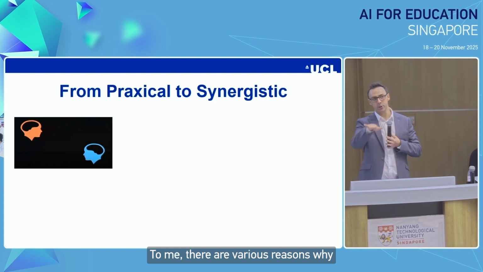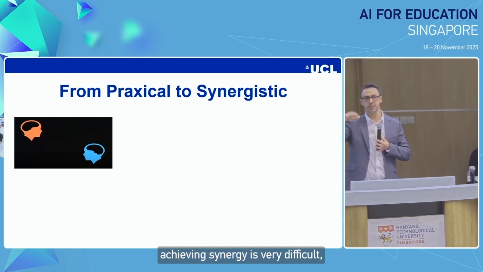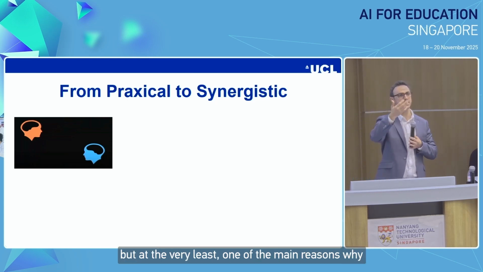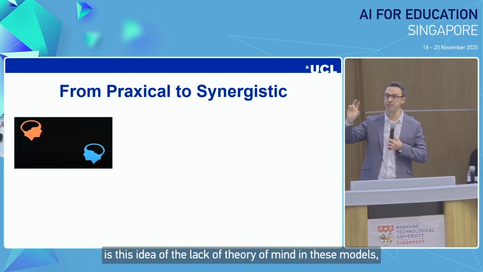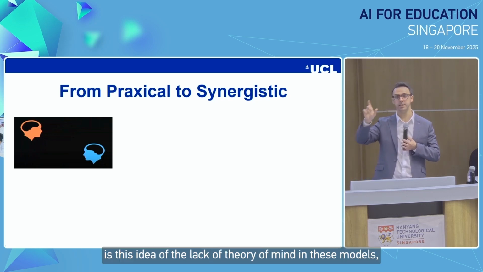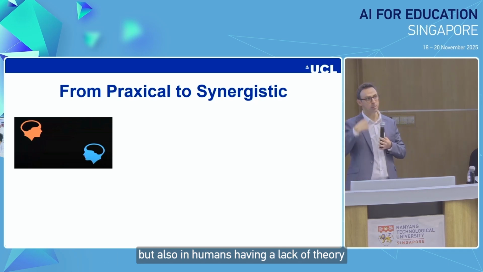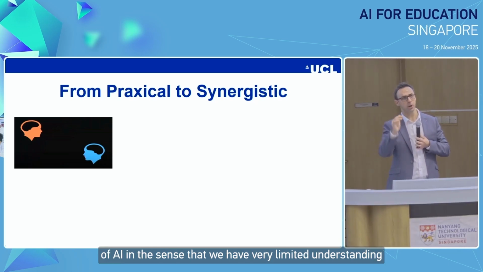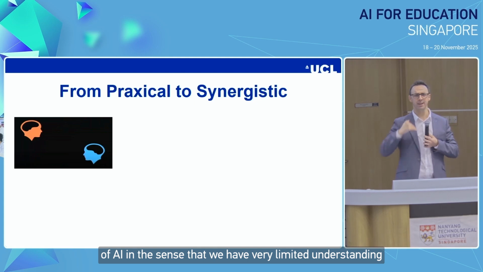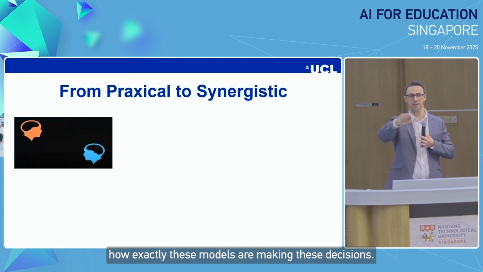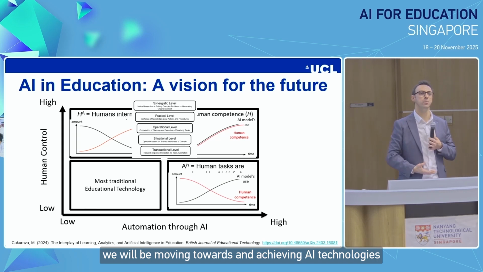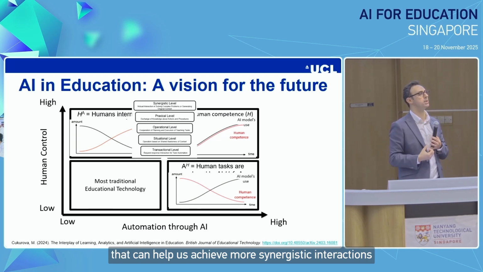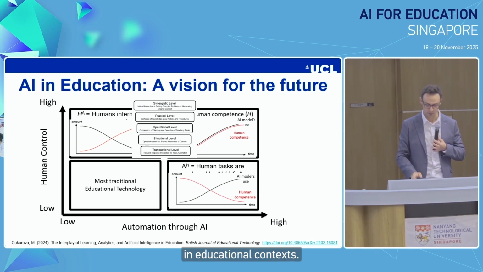To me, there are various reasons why achieving synergy is very difficult, but at the very least, one of the main reasons is this idea of the lack of theory of mind in these models, but also in humans having a lack of theory of AI, in the sense that we have very limited understanding of how exactly these models are making these decisions. I'm hoping with the help of all of you, we will be moving towards and achieving AI technologies that can help us achieve more synergistic interactions in educational contexts.